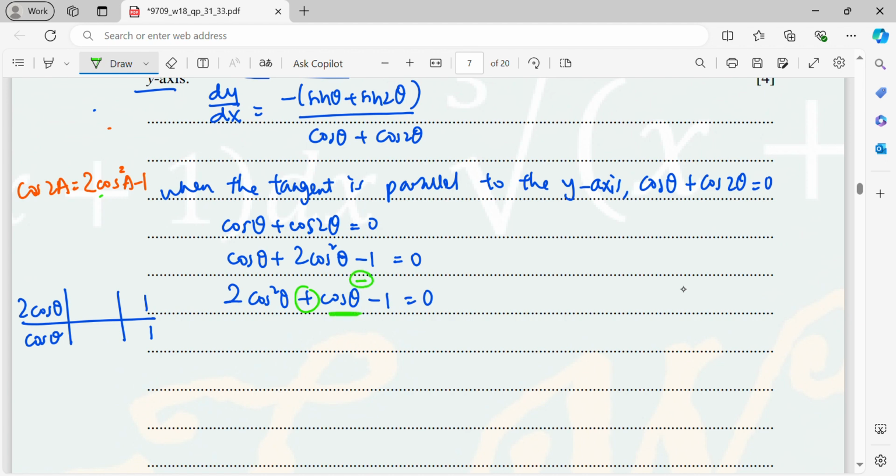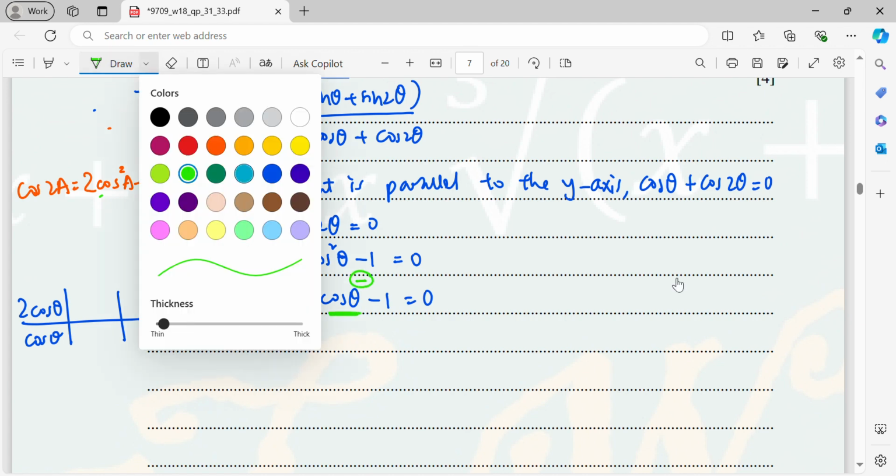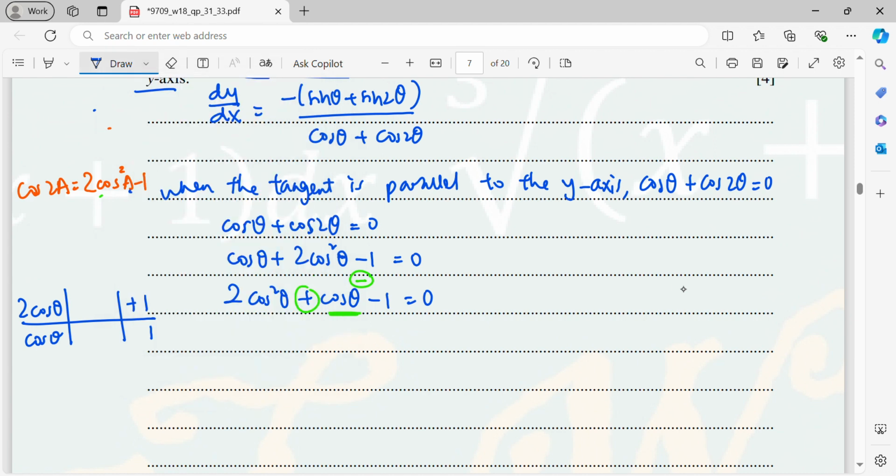But because we need to get a plus cos theta in the middle term, therefore it should be plus, then here minus. Because plus 1 times 2 cos is plus 2 cos theta. Minus 1 times cos is minus cos theta. So that when you add up the middle term, that is positive cos theta. And then when you multiply the third column, that is minus 1. Multiply the first column, that is 2 cos squared theta.